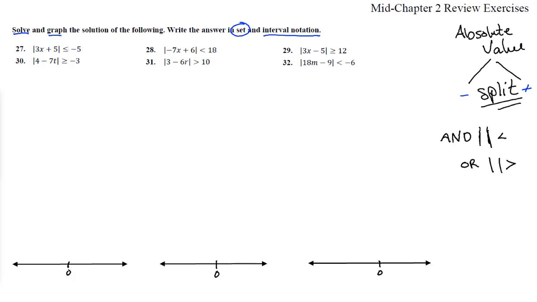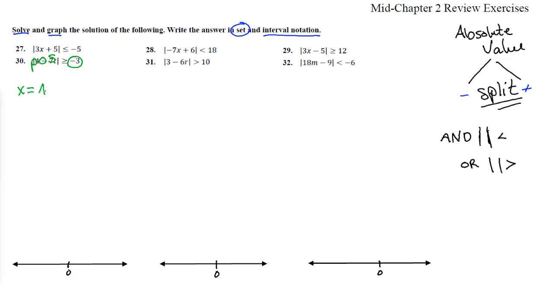Number 30, here we have the absolute value of 4 minus 7t greater than or equal to negative 3. This negative is an unusual experience here. We know that absolute values are always positive. Is a positive number ever bigger than negative 3? Yes, it always is.